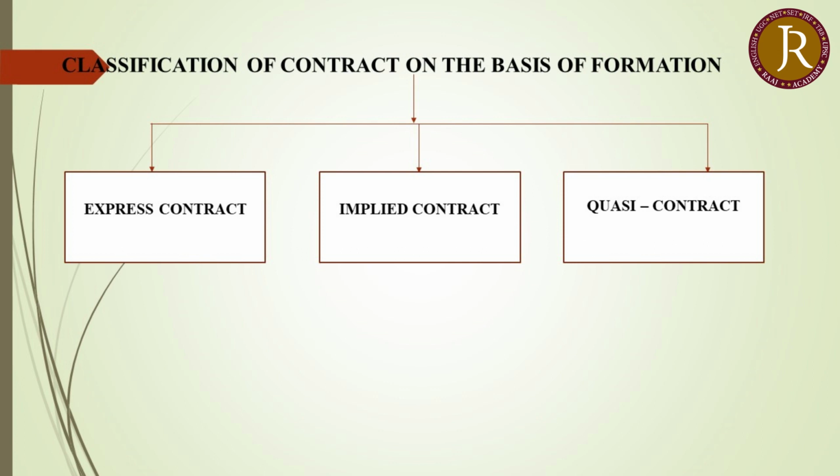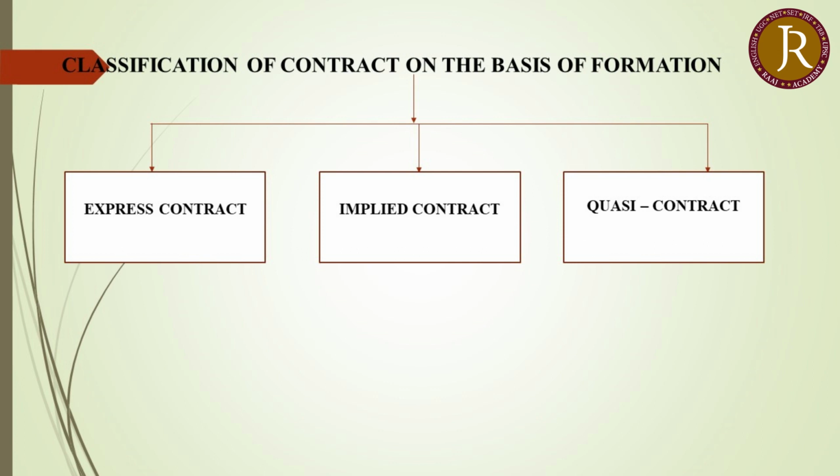Implied contracts are inferred from the circumstances of the case and the conduct of the parties. For example, when a person takes a cup of milk in a hotel, he has to pay the hotel bill. That is the contract which is implied.